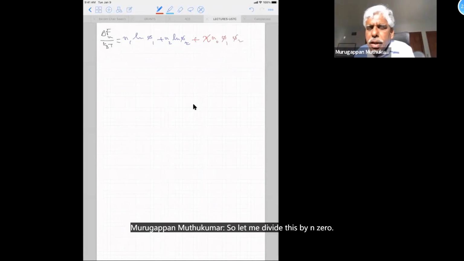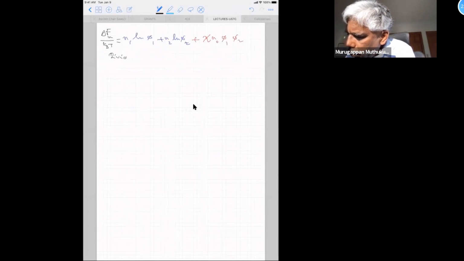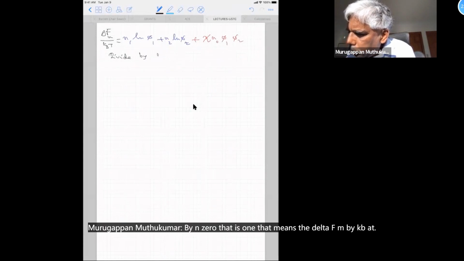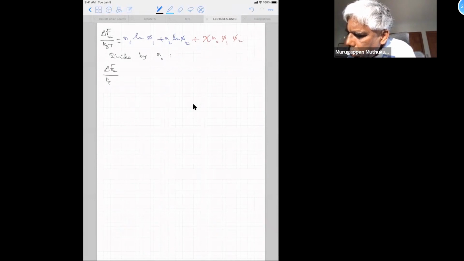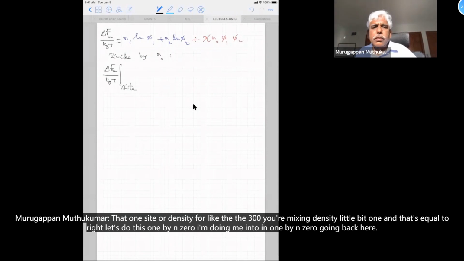So let me divide this by N0. That is the volume. That means the delta Fm by kBT per site, or density, if you like. This is free energy of mixing divided by volume.